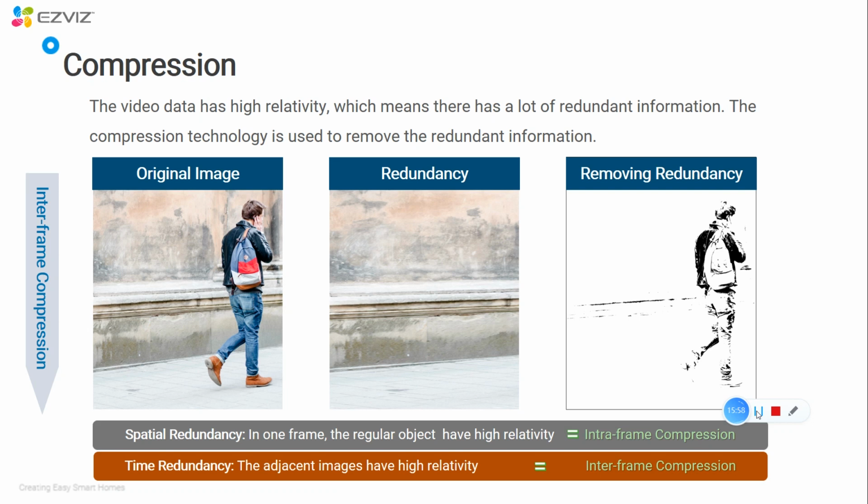Time redundancy refers to the redundant information between adjacent frames in continuous video, which is suitable for the case where the frame change is small. The main difference is that spatial redundancy only refers to the data of this frame, and the compression rate is small, while time redundancy refers to other frame data, and the compression rate is large.